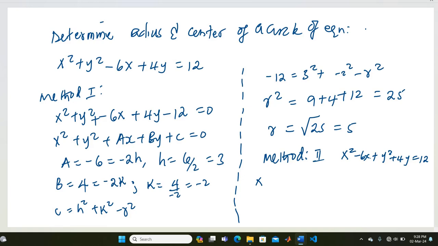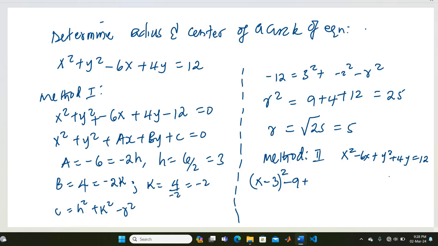Then I add it to both sides, so that at the end of the day I'll have x minus 3, because half of negative 6 is negative 3. If I square it, I have x squared minus 2 times 3 times x, which becomes minus 6x, plus 9. So I add 9 here, and I add 9 on the other side as well. Then I have completed this square.